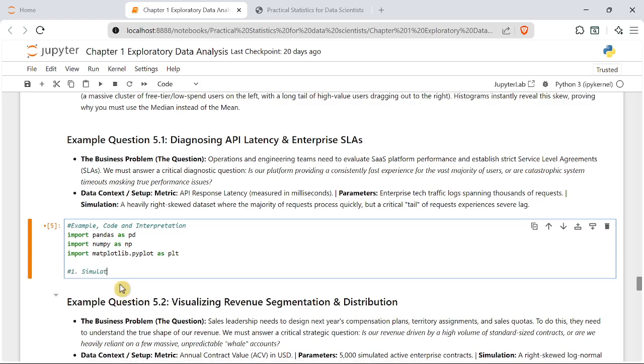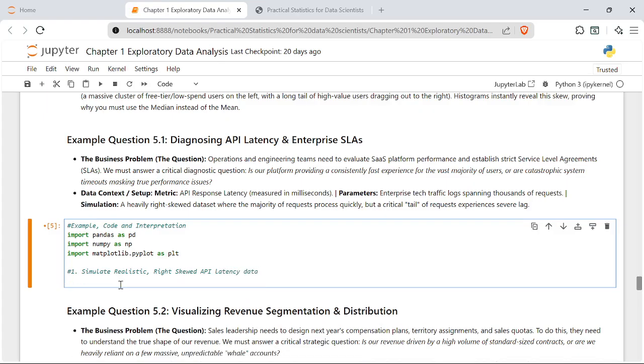Simulate realistic right skewed API latency data. np.random.seed(42).